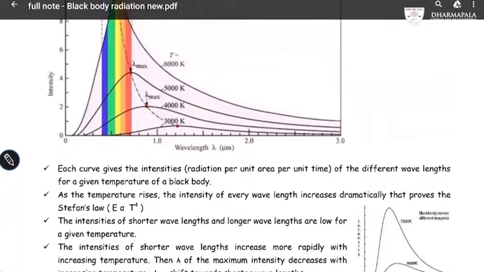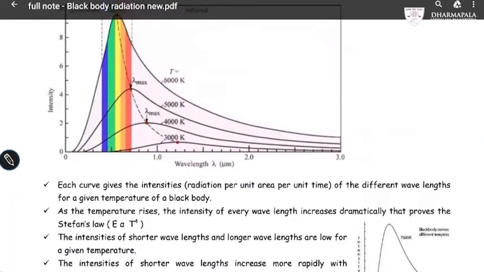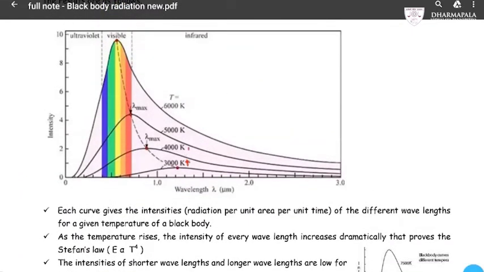Here you can see in this graph, with the increase in temperature, the wavelength of maximum intensity is shifting towards the lower wavelength side.